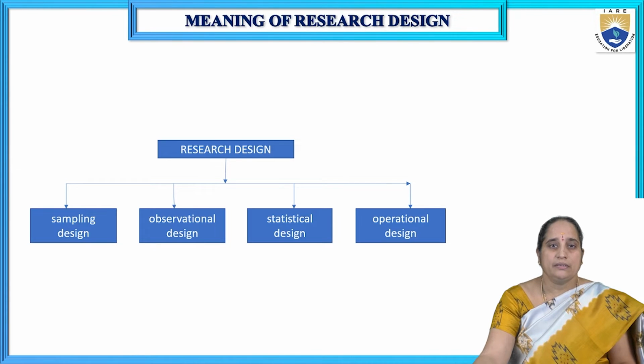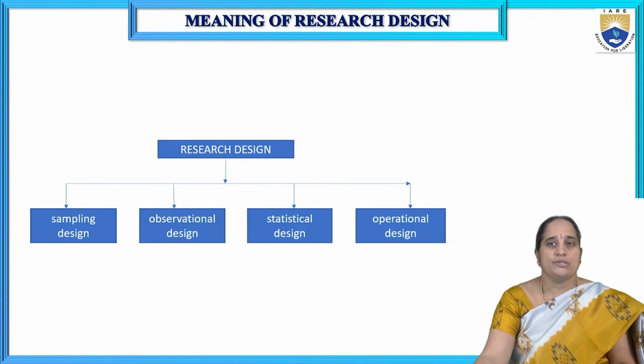Then it suggests to the investigator the appropriate statistical tool for the existing study, whether to go with a parametric or non-parametric test, and how to formulate the hypothesis. All these things are concerned with research design.